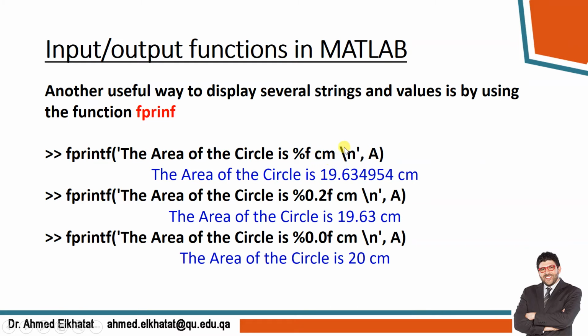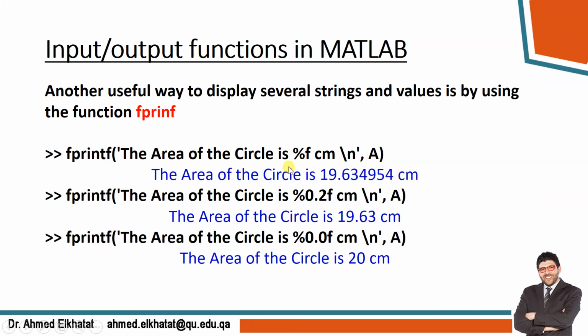Then I end the line with backslash n and the apostrophe. Then what is missing here? This will be a. So when I run it, it will be the area of the circle is 19.63 blah blah blah centimeter.